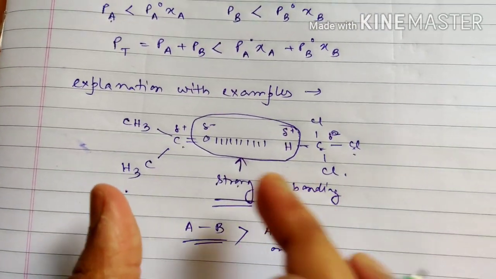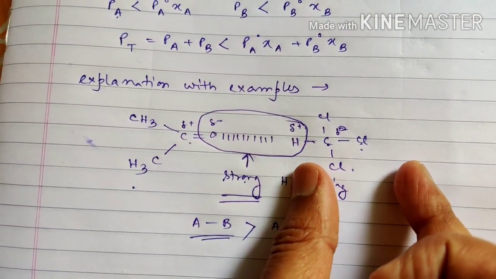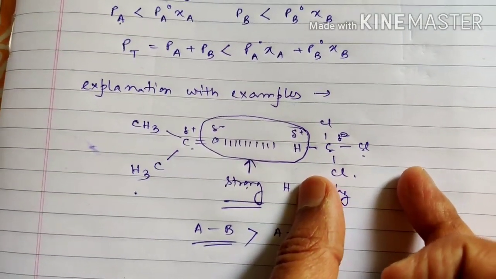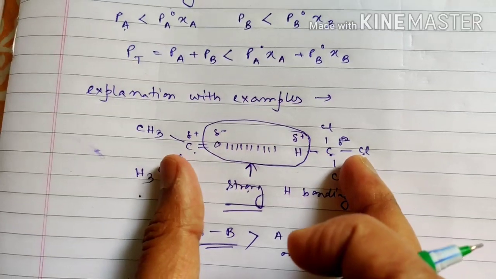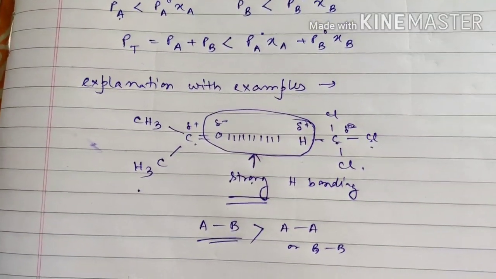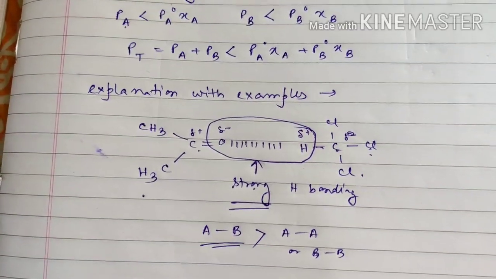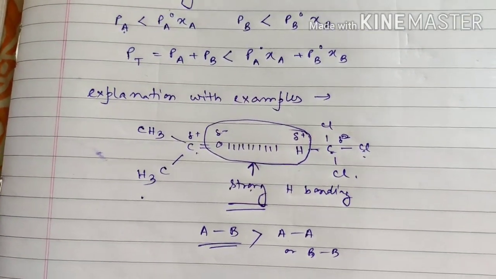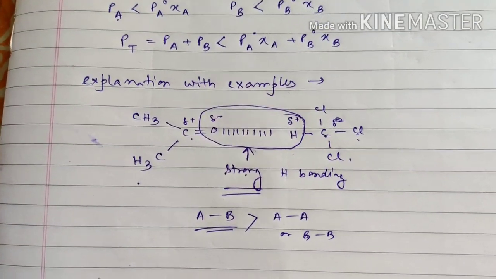So if acetone and chloroform both are volatile, they have the tendency to escape, but after combining with each other, the escaping tendency becomes less, and as a result we are going to observe the negative deviation from Raoult's law. So let us see what is the outcome of this negative deviation.